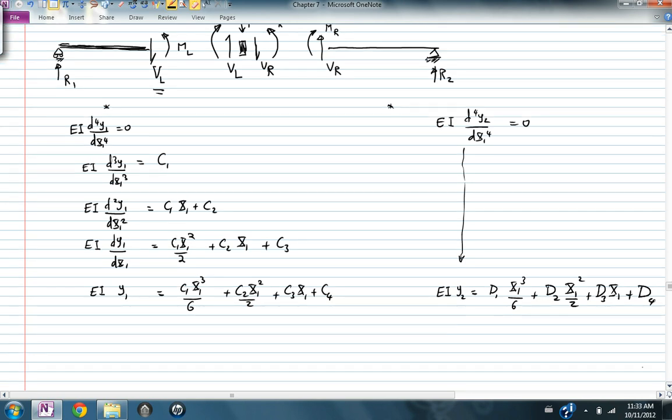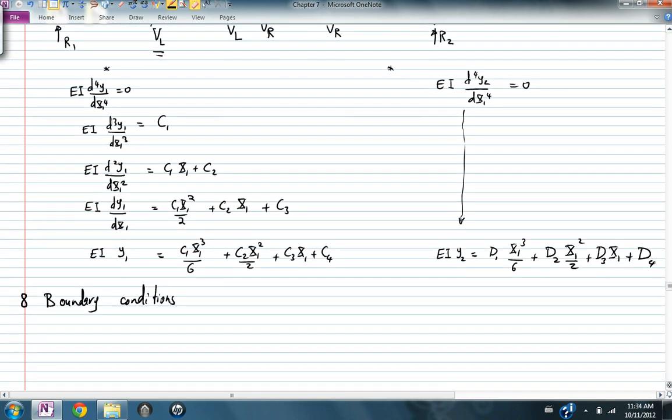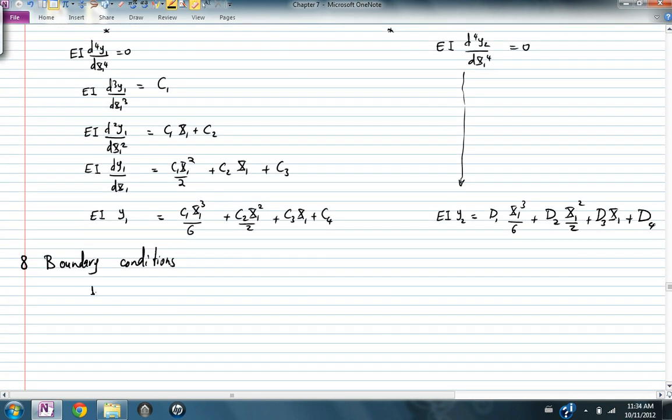So what are the boundary conditions? I need 8 boundary conditions. The first: at x1 equals 0, y equals 0.